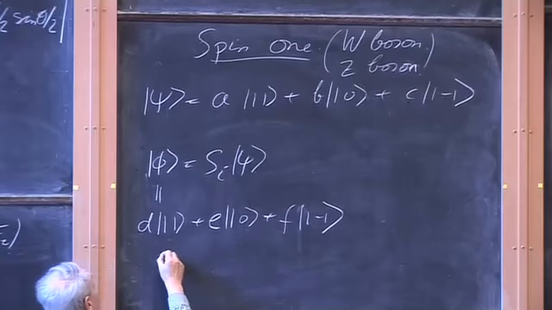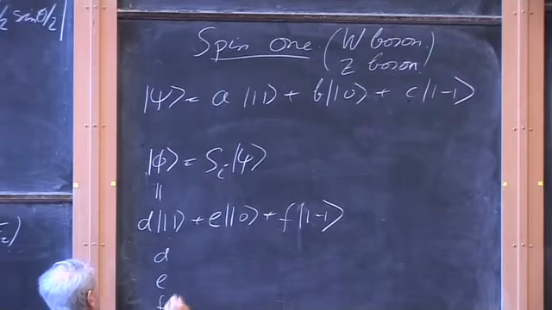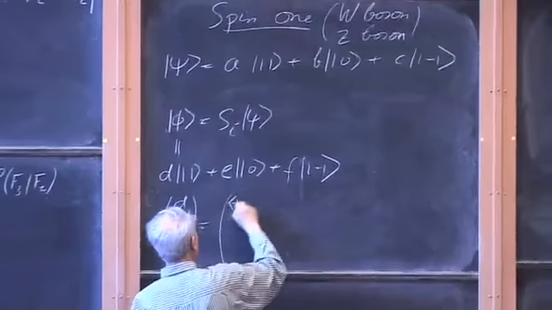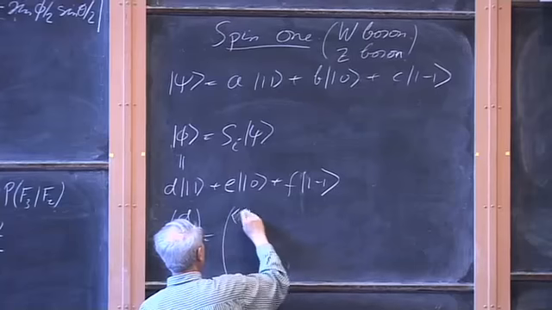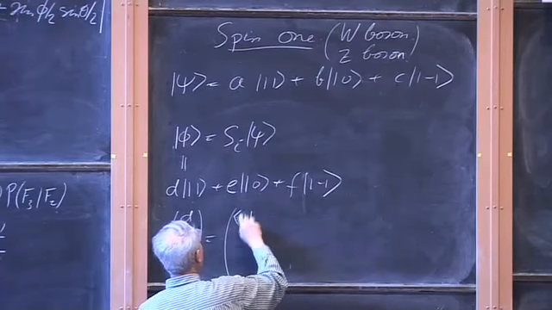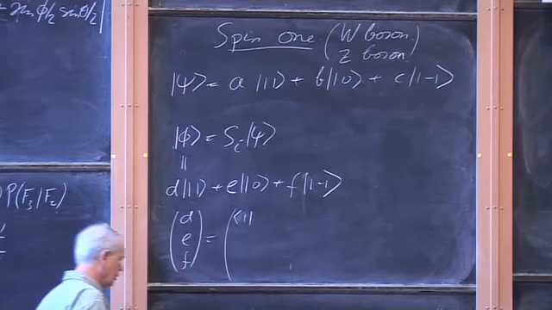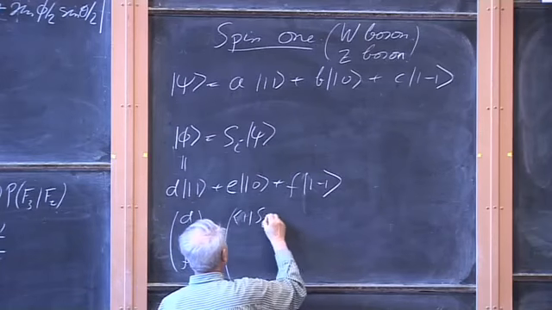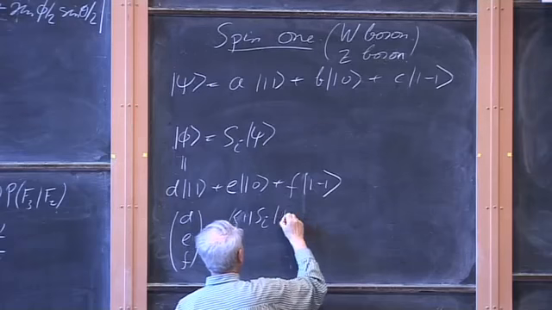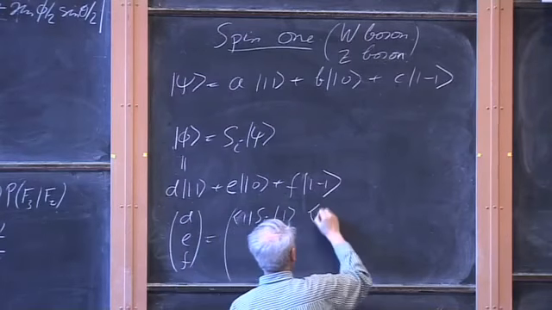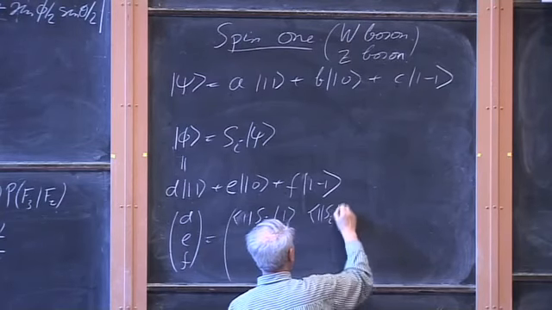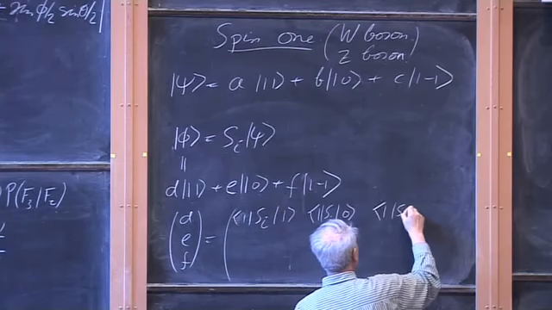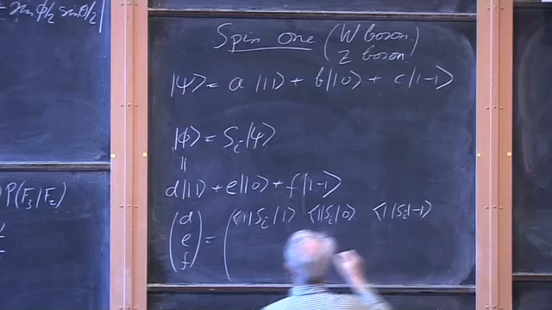We will have that D, E, and F are equal to a matrix. Let's leave off the total angular momentum quantum numbers. So we'll have <1|S_i|1>, then <1|S_i|0>, then <1|S_i|-1>, and so on and so forth.